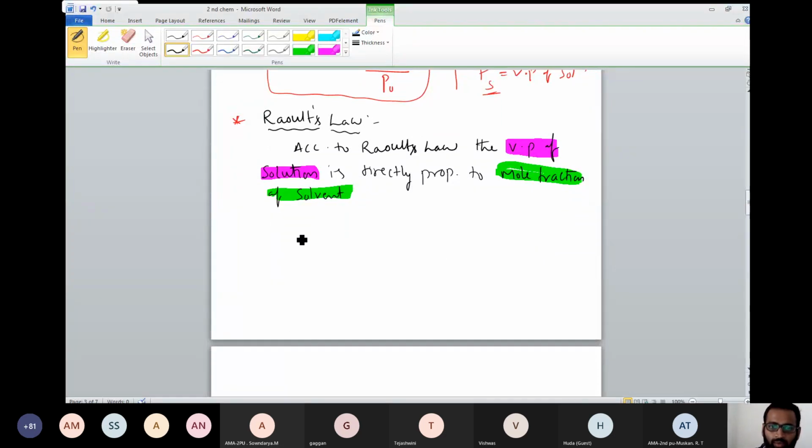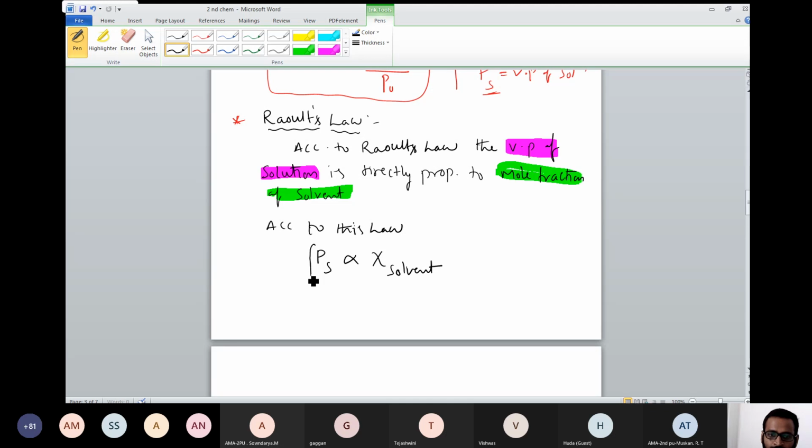Okay, sir. So what is the statement? What is the highlighted one? Vapor pressure of solution. Sorry. So therefore, according to this law, what I can write: PS is directly proportional to mole fraction of solvent.